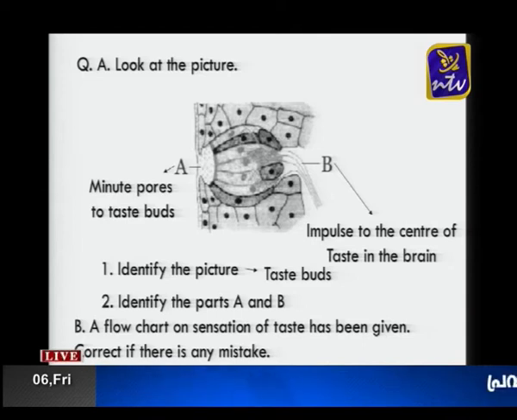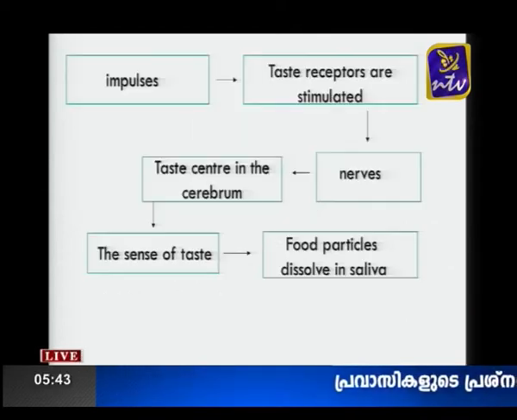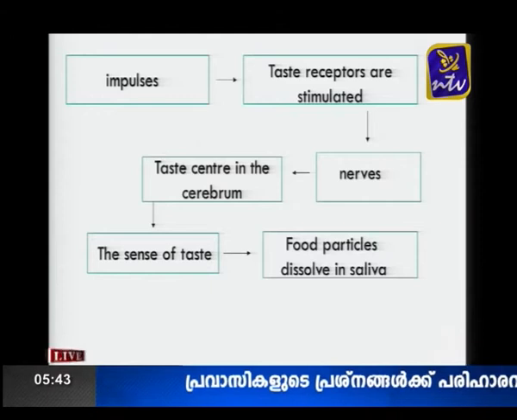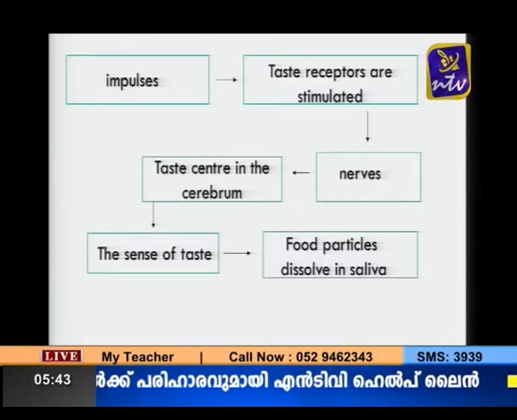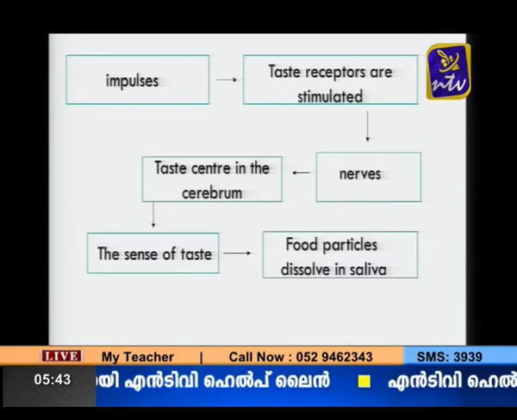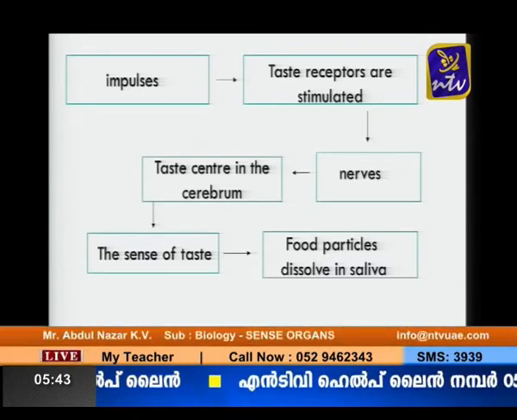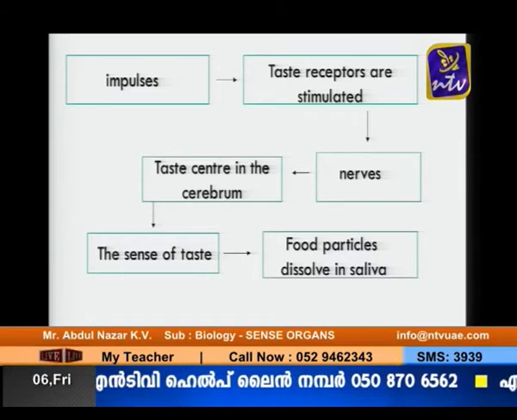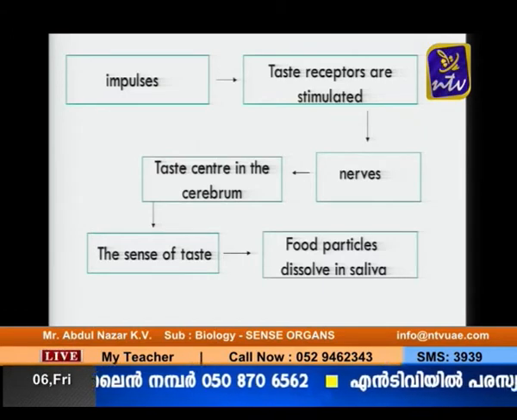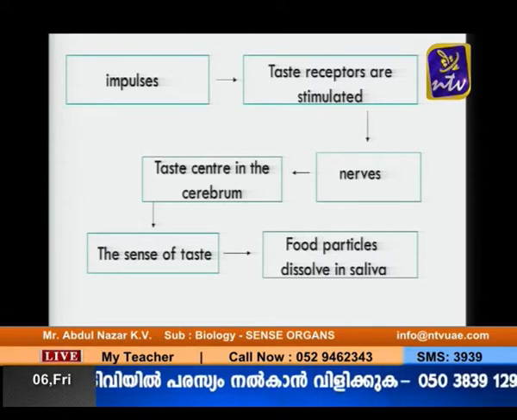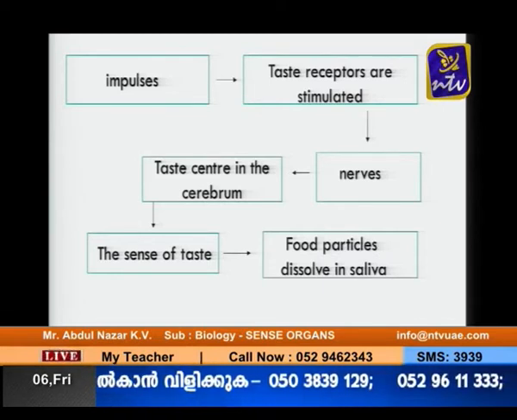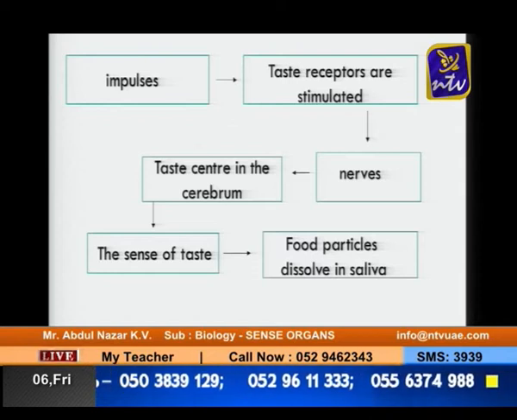Now let us see the flow chart showing the sensation of the taste. The flow chart is not correct. The question is to correct the mistakes in the flow chart. Let us see what is the answer.